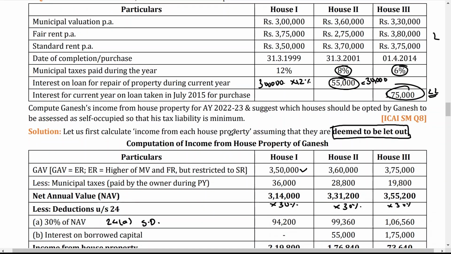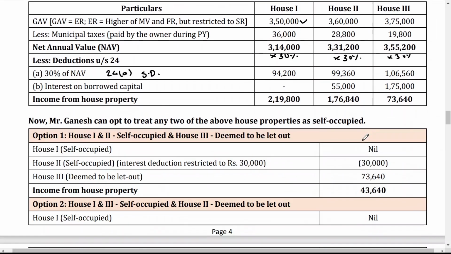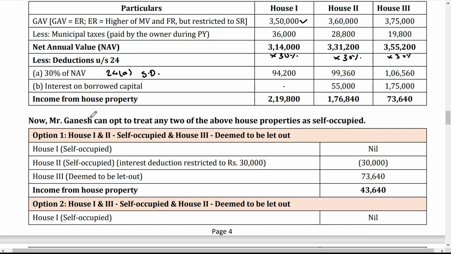Let us first calculate income from house property, assuming it is deemed to be let out property. We have done that. Now Mr. Ganesh can opt to treat two of the above houses as self-occupied property. Let us say option number 1. House 1 and 2 are treated as self-occupied property, and house 3 is deemed to be let out property.